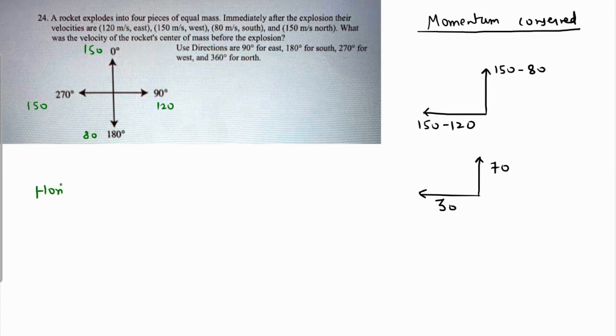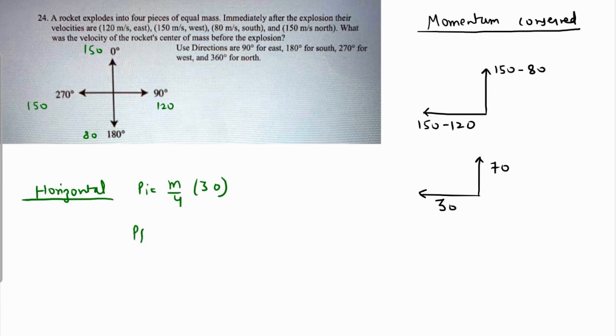Let me analyze this in two parts. In the horizontal direction, the initial momentum is going to be m over 4. Why m over 4? Because m is the total mass and it divides into equal masses. So the mass of one is m over 4. M over 4 times 30, that's the horizontal momentum after the explosion.